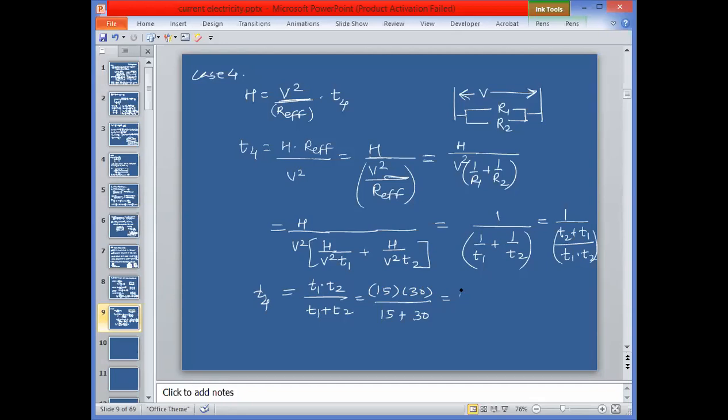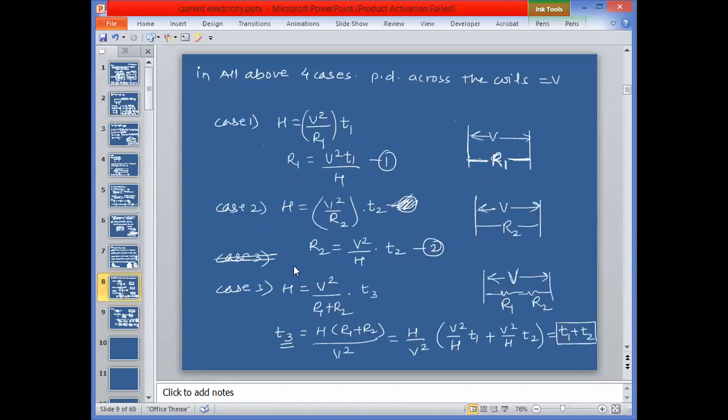You can write 15 into 30 divided by 15 common into bracket 1 plus 2. 15 cancels, that will be 30 by 3 which is equal to 10. Everything is in minutes, so the final answer is 10 minutes.